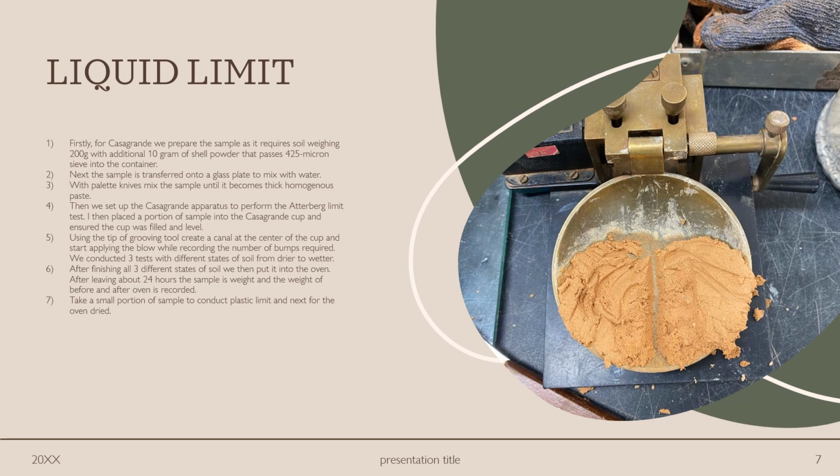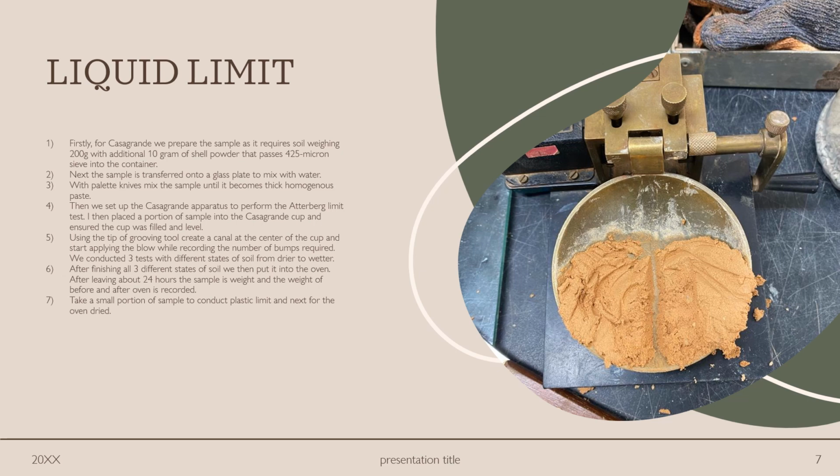My friend and I conducted 3 tests with different states of soil, from drier to wetter. After finishing all three states of soil, we put them into the oven. After leaving them about 24 hours, the samples are weighed and the weights before and after the oven are recorded.